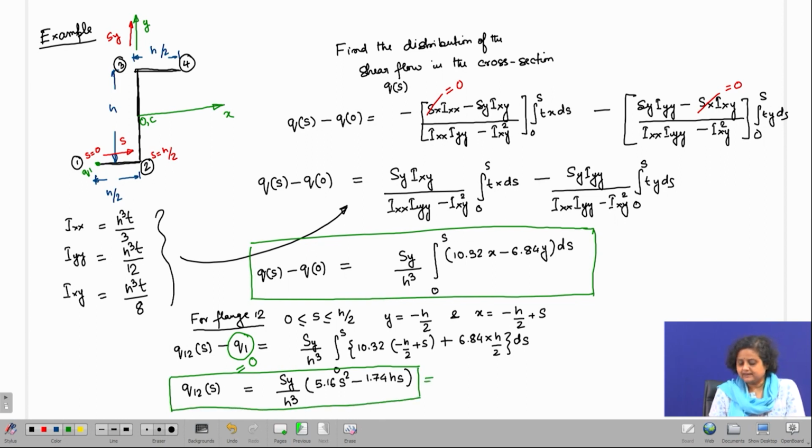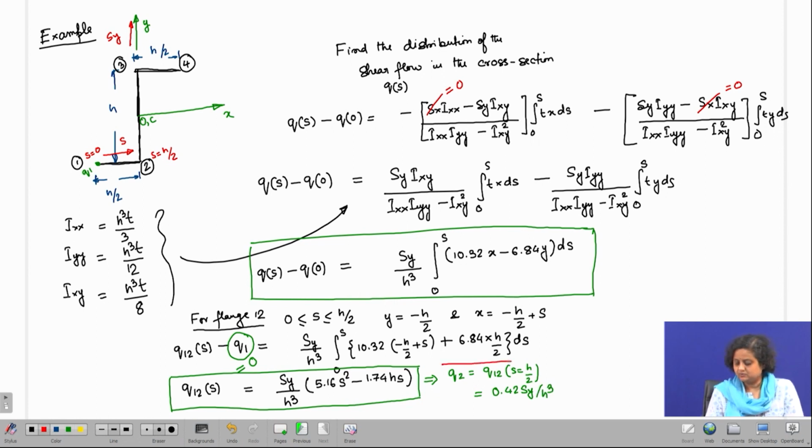Now, from this expression, I can find out Q2, which is basically Q12 at s equal to h by 2, and if I substitute s equals h by 2 in this equation, we get Q2 to be equal to 0.42 Sy by h cube.